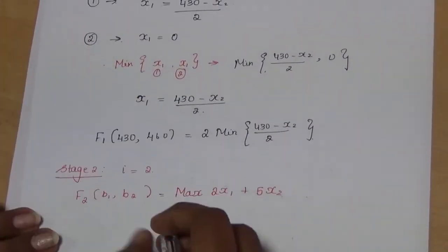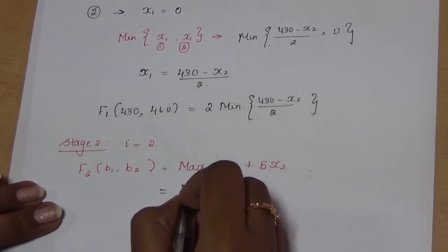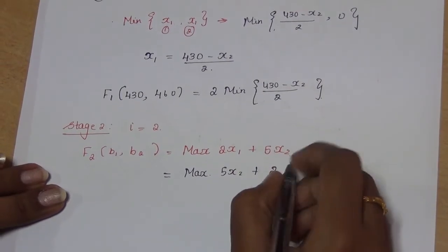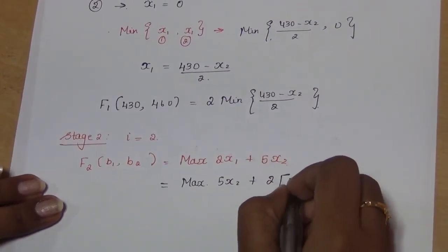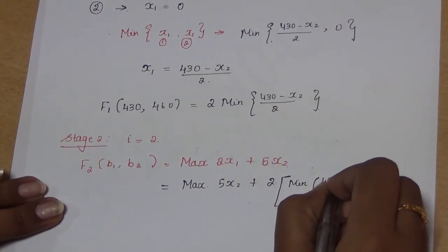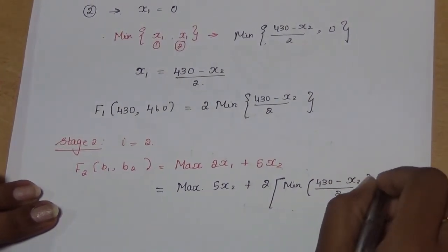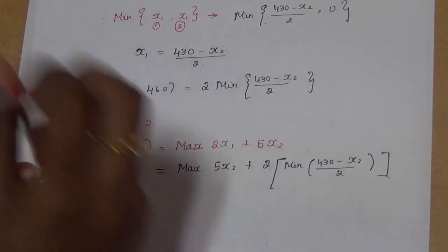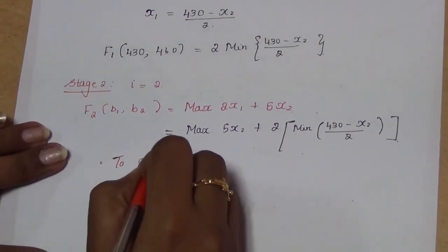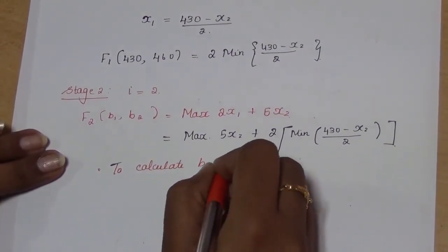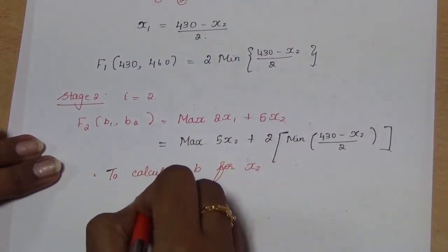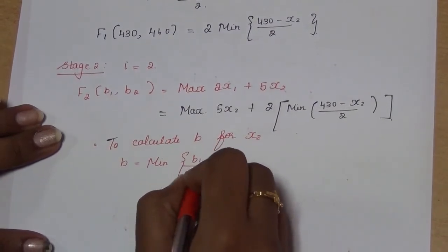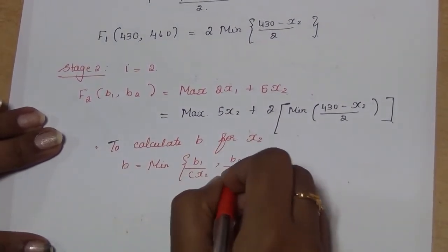Since we know the value of x1, we can substitute it there. Maximum of 5x2 plus 2 into the value of x1 from the above equation, which will result in the minimum of 430 minus x2 by 2. Now let's calculate the value of b for x2. The formula used is b is equal to minimum of b1 by cx2 comma b2 by cx2.